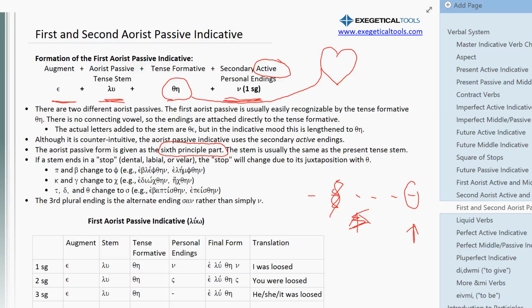But what matters is that it does use the secondary active endings. So this is one of those cases where it's just odd and you have to remember that it uses those endings. You've got to memorize that.